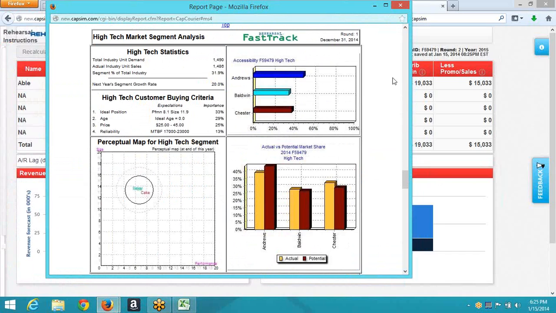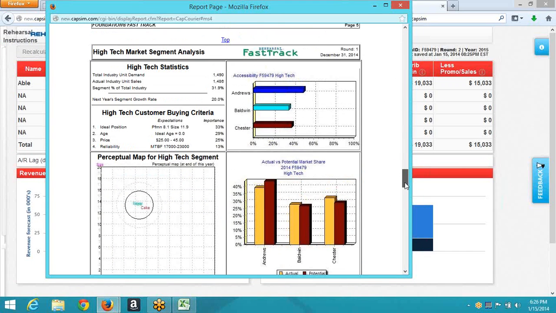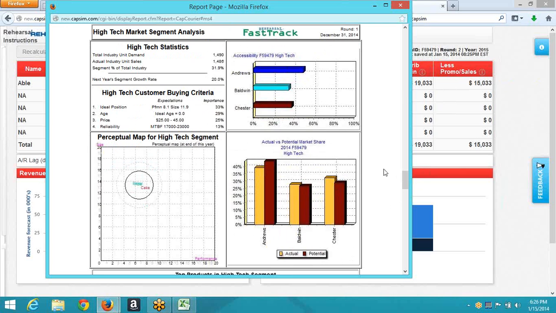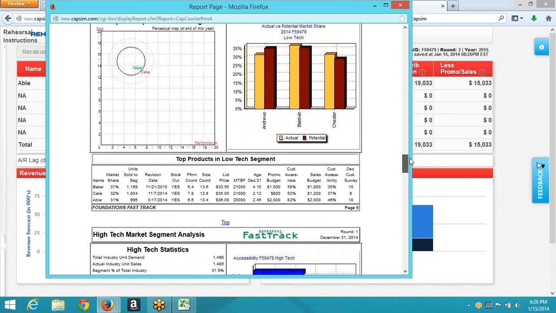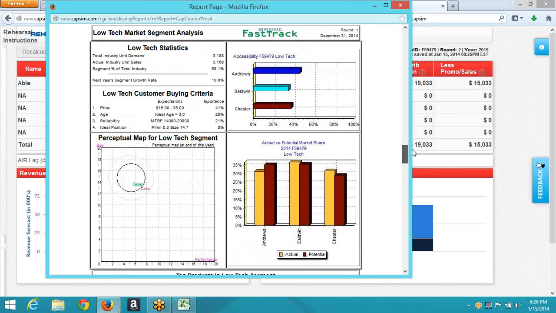So because you can sell it to the high-tech and the low-tech market, you want to put it somewhere in between there. Or if you want to sell it directly to the low-tech market, but because it is such a good product, you just put it at $35.